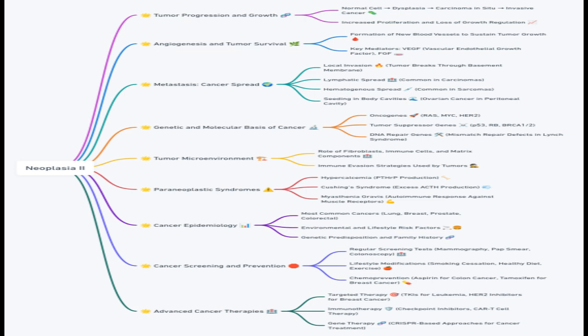Mitotic figures are present in dysplasia, but in invasive squamous cell carcinoma they are frequent and atypical. Inflammation is minimal in severe dysplasia but very prominent in invasive squamous cell carcinoma. And keratin pearls are absent in severe dysplasia but present in well differentiated squamous cell carcinoma.